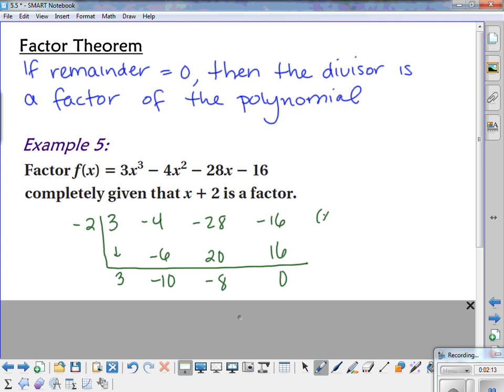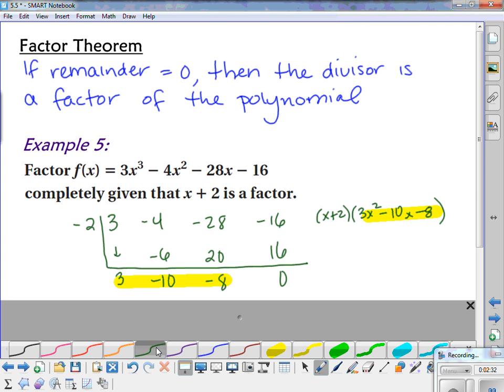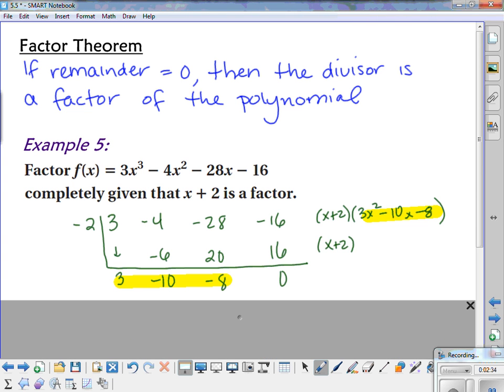All right, so I know x plus 2 is one of my factors, and then right now I have 3x squared minus 10x minus 8 that I got from the synthetic division. Did everybody follow where this came from? From these down here, okay? All right, so now I can just factor what's left. So I've still got the x plus 2, and then I'm going to factor the 3x squared minus 10x minus 8.